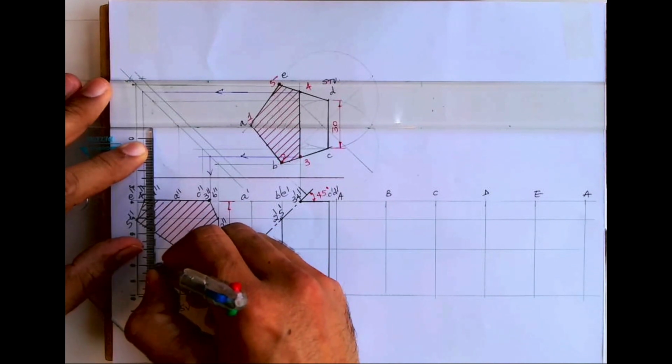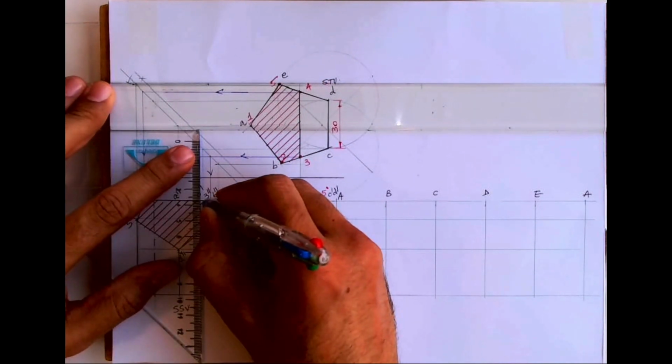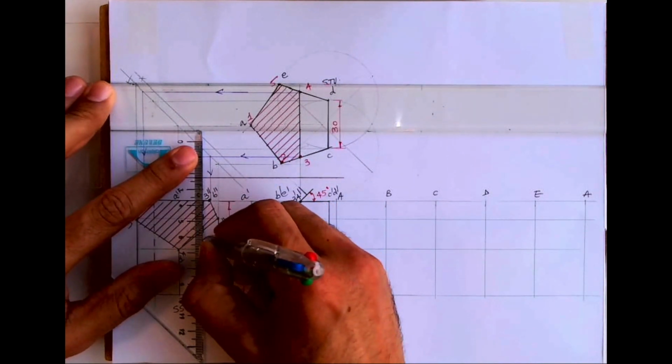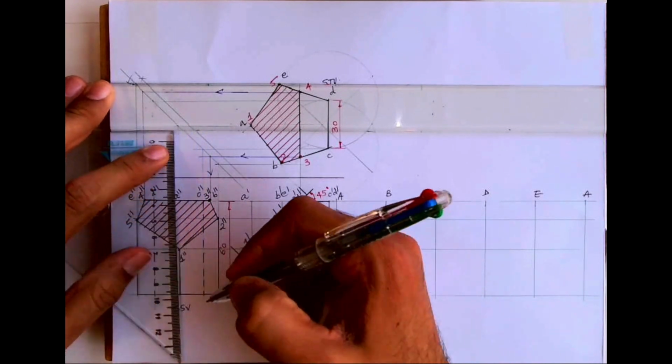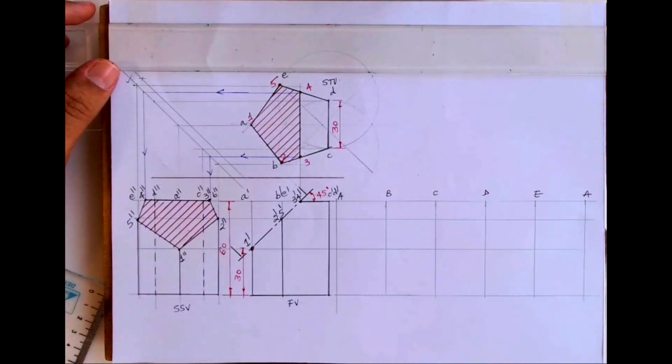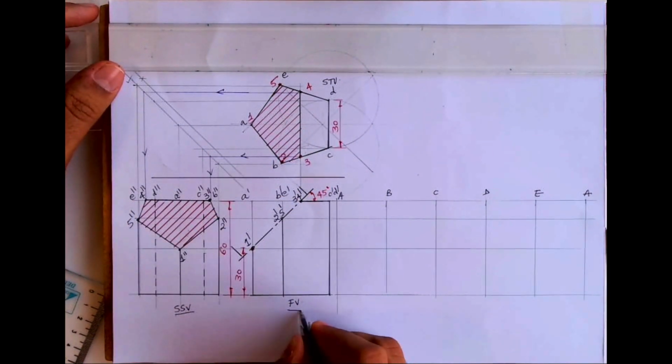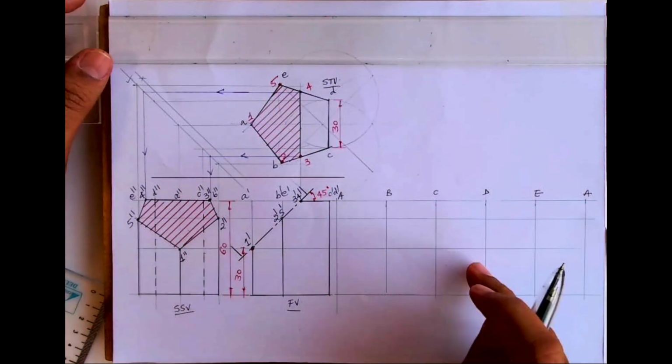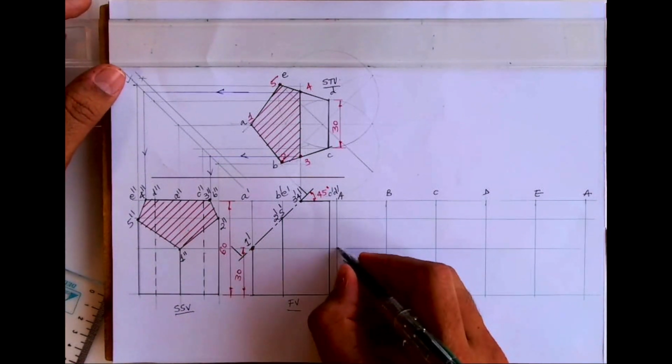This will be dotted. The edge which is behind can be shown dotted. See, these two, C and D will be dotted. So that I have done. So we are done with the sectional side view, front view and top view, sectional top view.